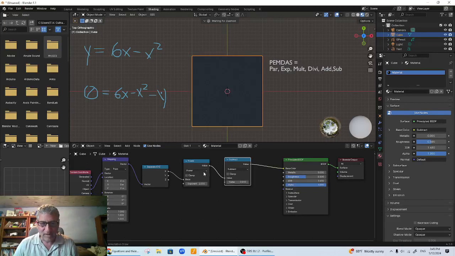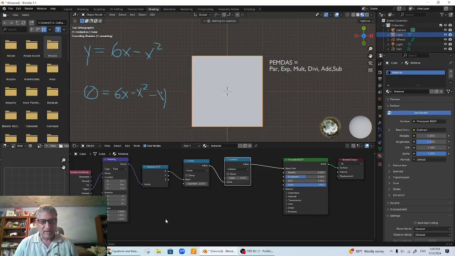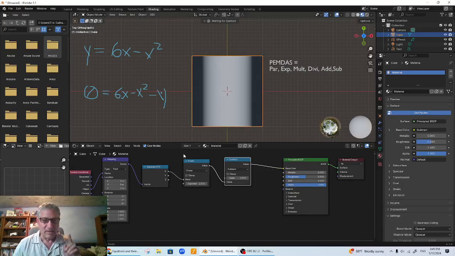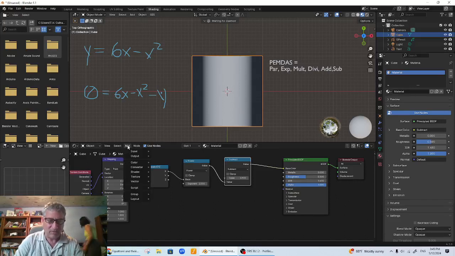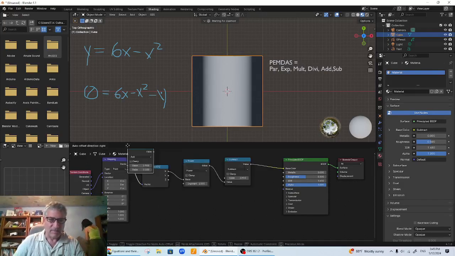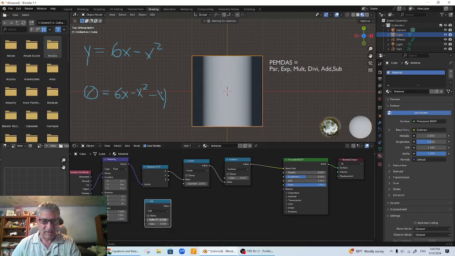And from the subtract, we're going to subtract the x squared from 6x. So let's bring this down to here. Let's add another node here. So add a math node and bring it down here. And this has to be attached to x as well.